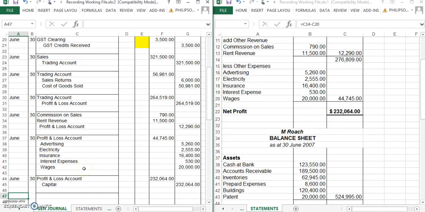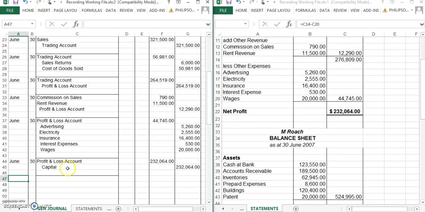Okay, and with that journal entry, that is all we have to do now to close off to trading, profit and loss, and to capital. That's it. That's the end of the process.